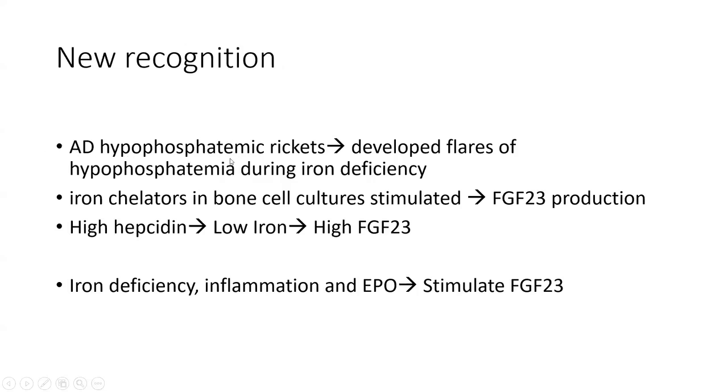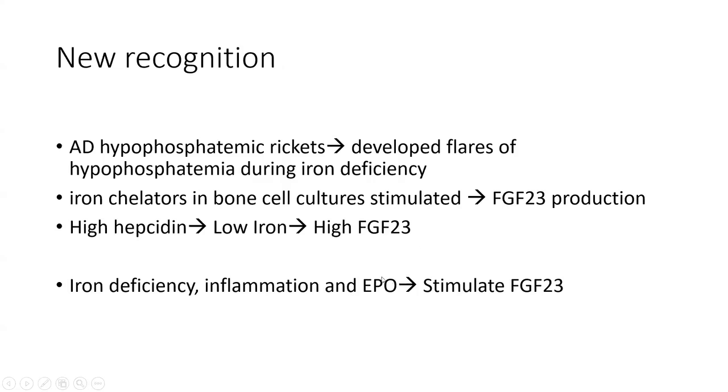These autosomal dominant hypophosphatemic rickets patients developed flares of hypophosphatemia during iron deficiency. They developed worsening of hypophosphatemia during iron deficiency. Another observation was that whenever iron chelators were added to bone culture cells, again there was a hike in FGF23 production. There was another observation that whenever there was a high hepcidin state, where the hepcidin levels were high and the iron levels were low, there was a hike in FGF23.